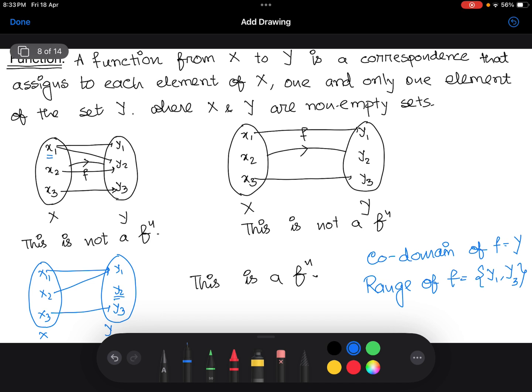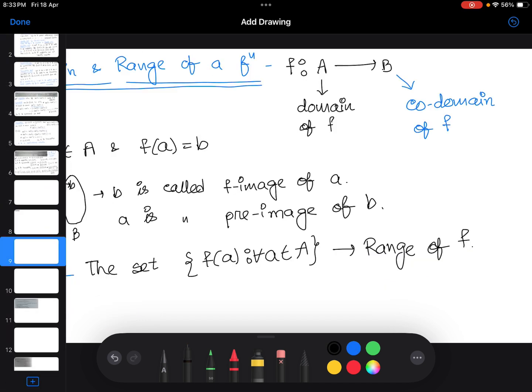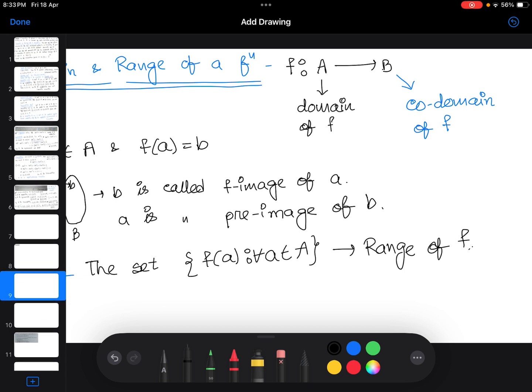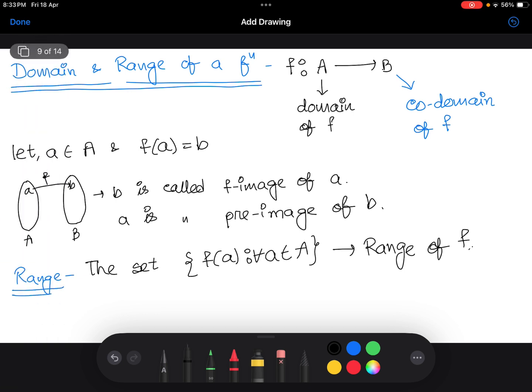So range and codomain are not necessarily equal. Okay, we get that. So we get what is domain, what is range, what is codomain, and these properties of a function.